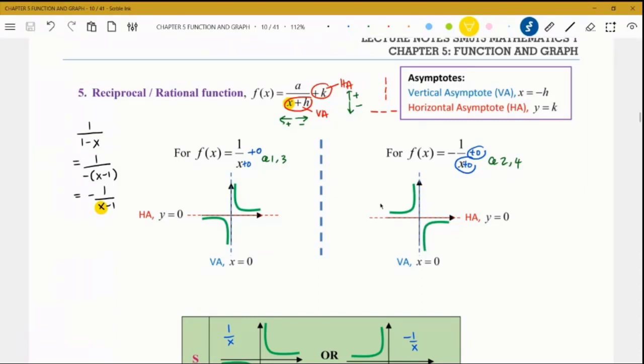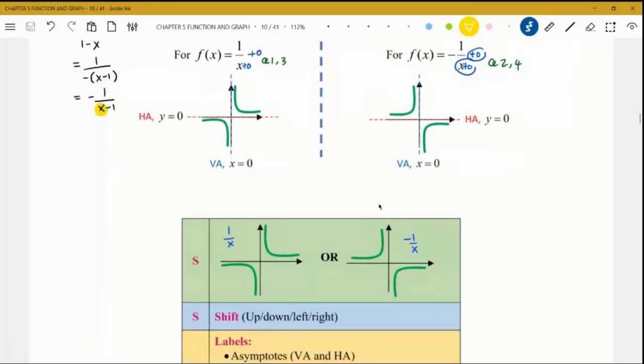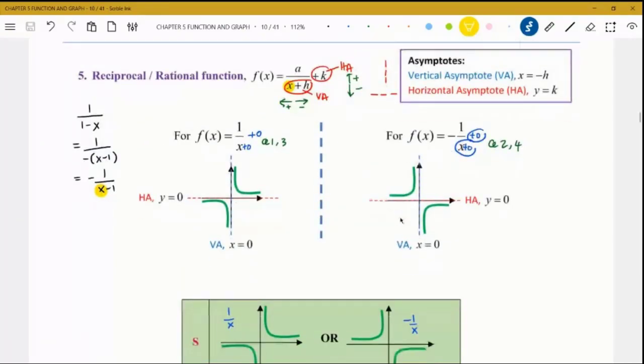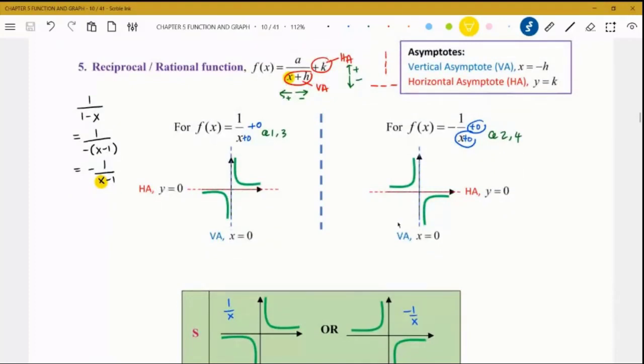Okay, so kita tengok pada example yang pertama. Salin dulu kalau nak salin. So kita akan tengok pada shape, kita akan tengok pada vertical asymptote dan juga horizontal asymptote, baru kita akan sketch. So sketching mesti pakai pensel.